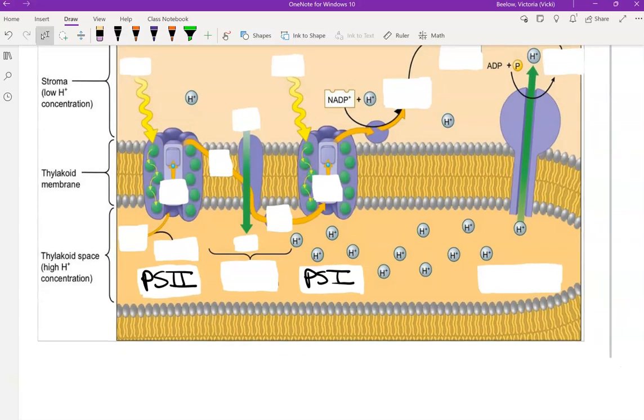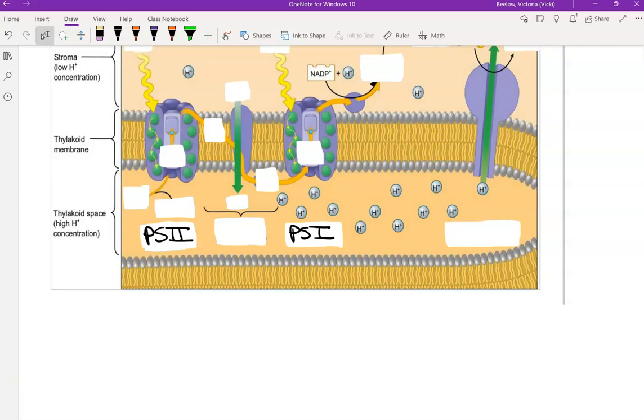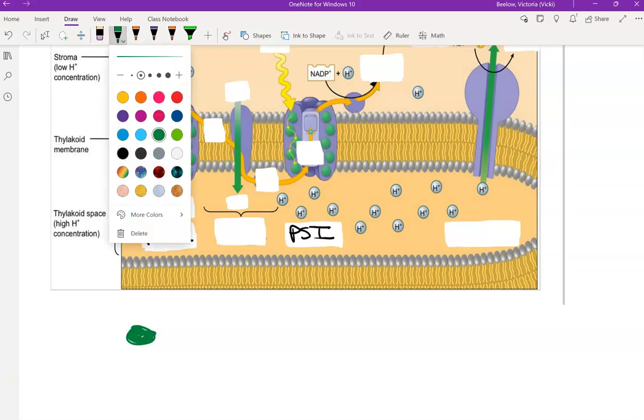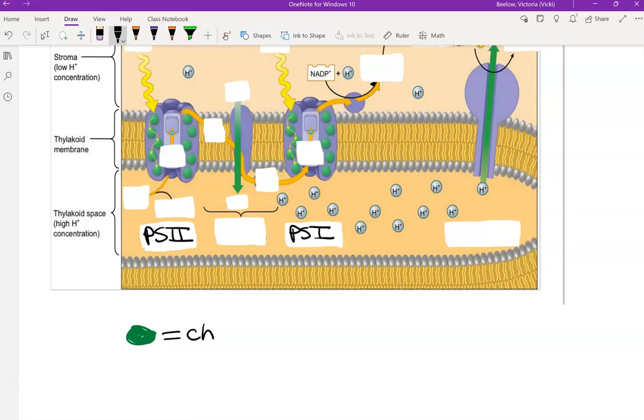Now, at both photosystems, you're going to notice there's these green dots. So note that those green dots represent chlorophyll. And chlorophyll is the pigment that gives plants their green color. And it's also the thing that will absorb sunlight.